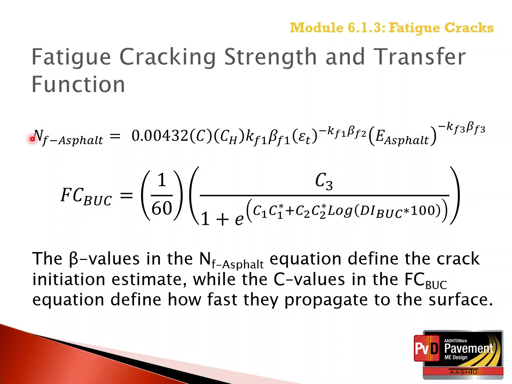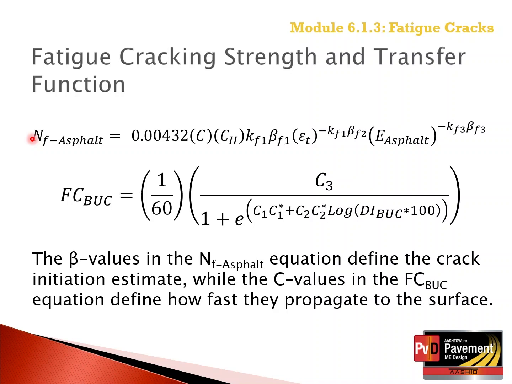Remember, the bottom-up fatigue cracking damage is defined using Miner's hypothesis of the actual number of load repetitions, little n, divided by the allowable number of load applications, big N.